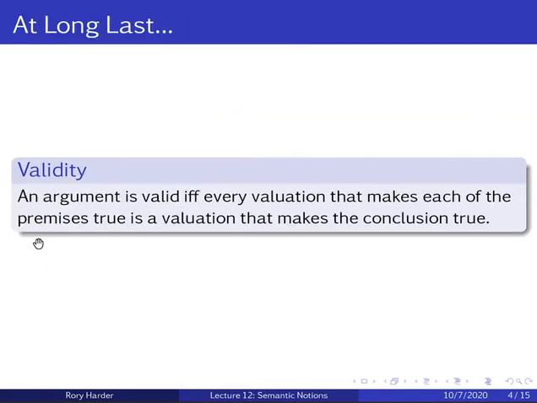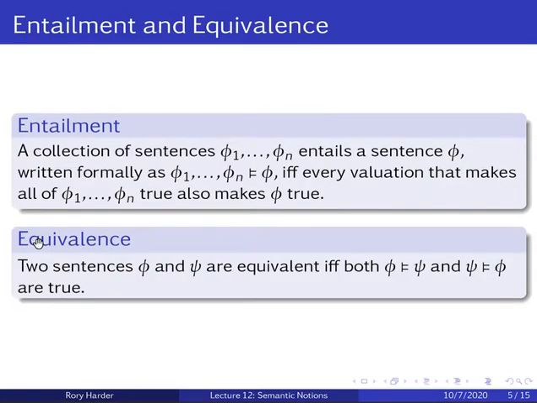Now, instead of saying a certain argument is valid, we can also say that the collection of sentences, which are the premises of that argument, entail the conclusion, the sentence which is the conclusion. So we can say that a collection of sentences, here phi1 to phi n, entails a sentence phi, just in case every valuation that makes all of the sentences phi1 to phi n true also makes phi true.